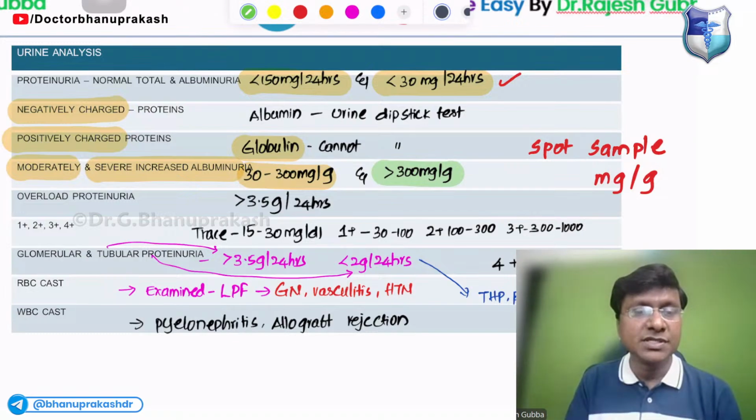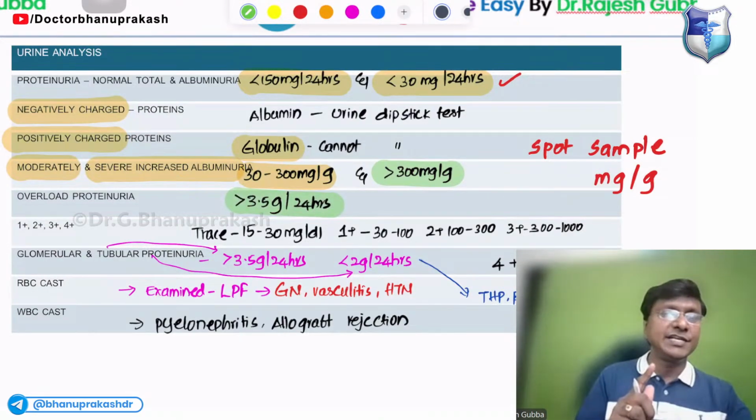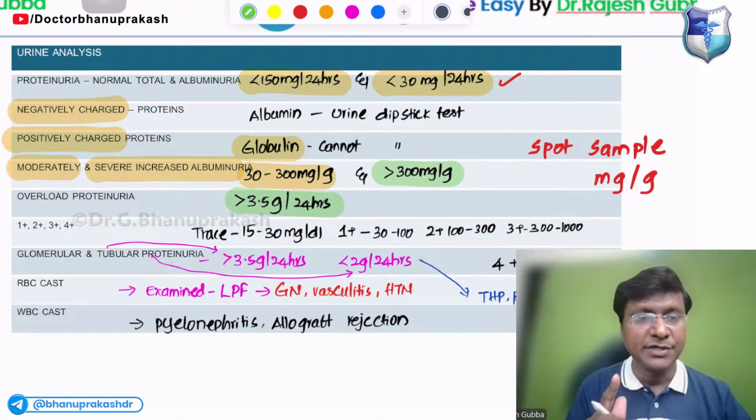Now, when do we use the term overload proteinuria? Overload proteinuria is when the quantity of proteinuria is more than 3.5 grams per 24 hours, like in cases of nephrotic syndrome.